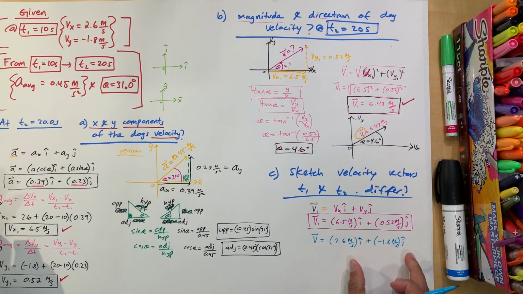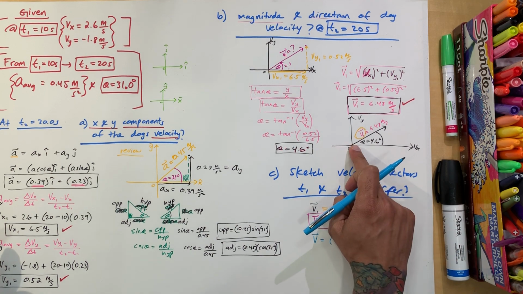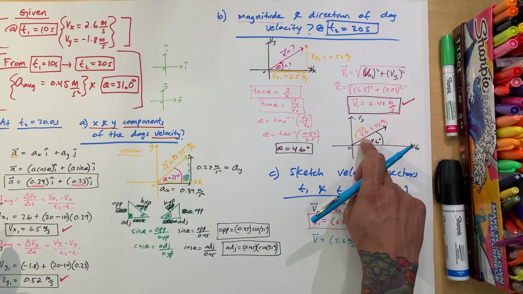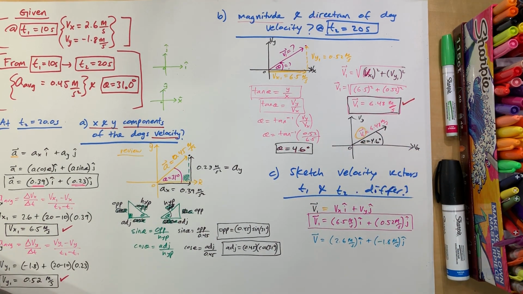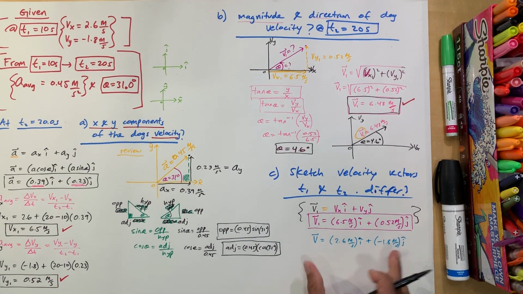Now that we have it in vector form, we know how to describe it, but we need the angle. Let me split this up. This is for one graph. Now we're gonna do the other.